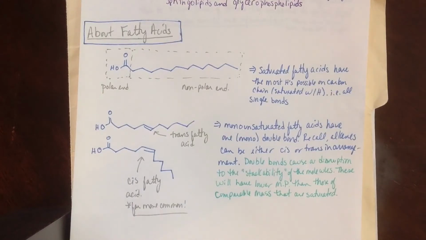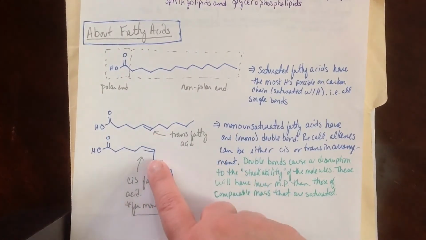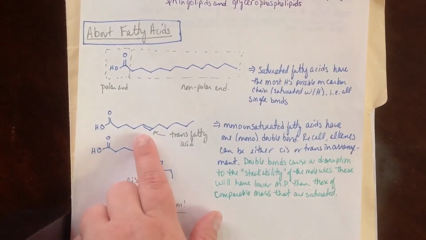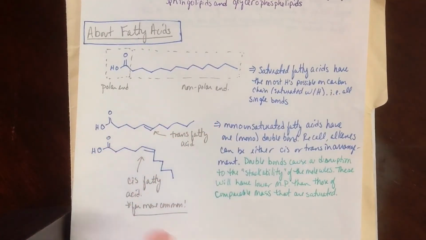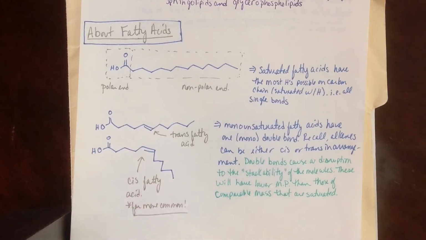So in contrast, this would be an unsaturated fatty acid because they have the double bonds that are there. So there's two different ways to have double bonds. You can either have a trans or a cis double bond. Remember how we talked about that earlier? So this would be what's defined as the trans fatty acid, and this is what we define as the cis fatty acid.